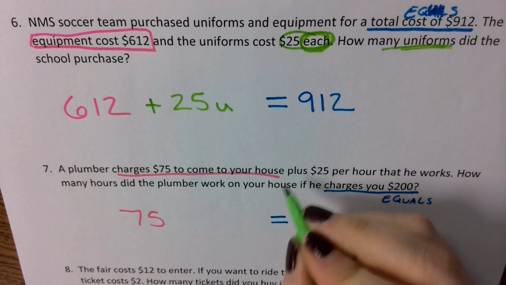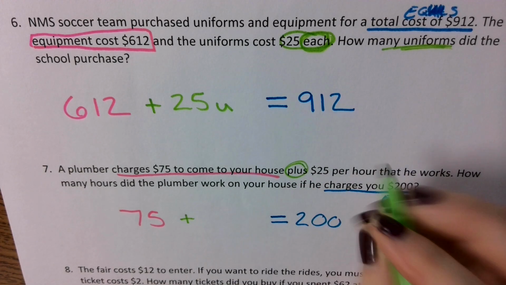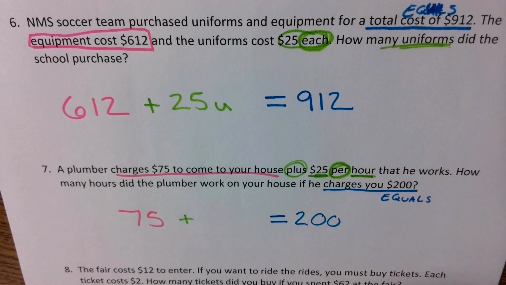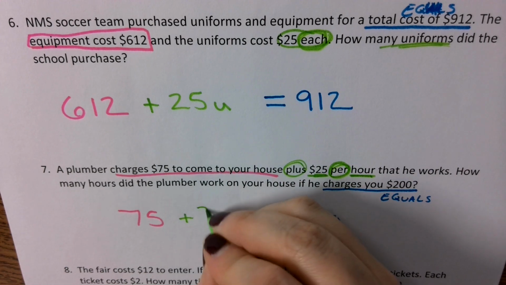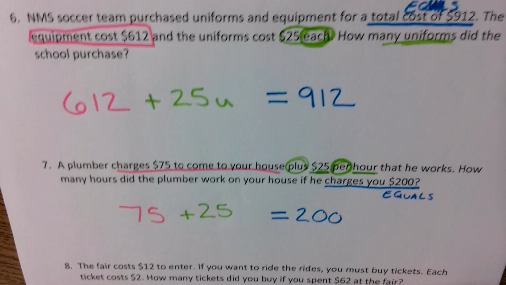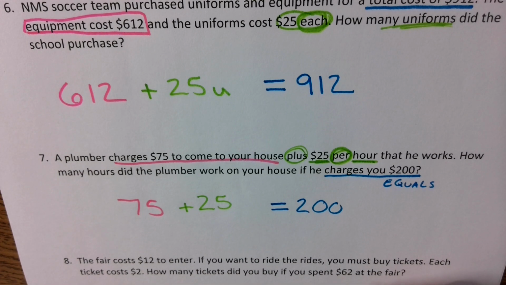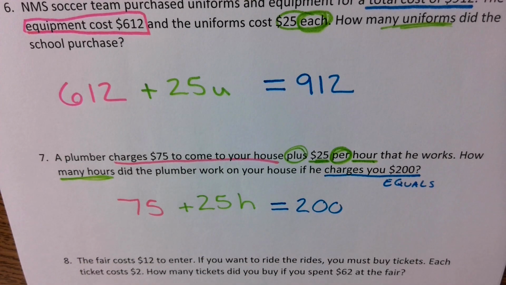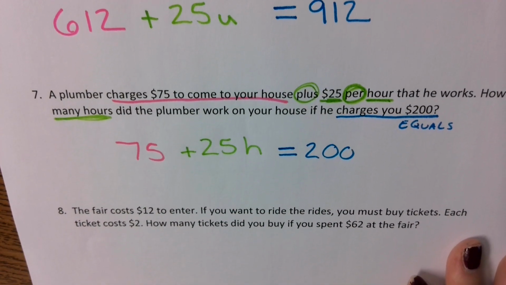Okay, plus he's going to charge $25 per hour. So there's our coefficient, 25. What variable do you think I should use? H, right? Because it's for the hours. We want to know how many hours, so H would be a good representation for hours.